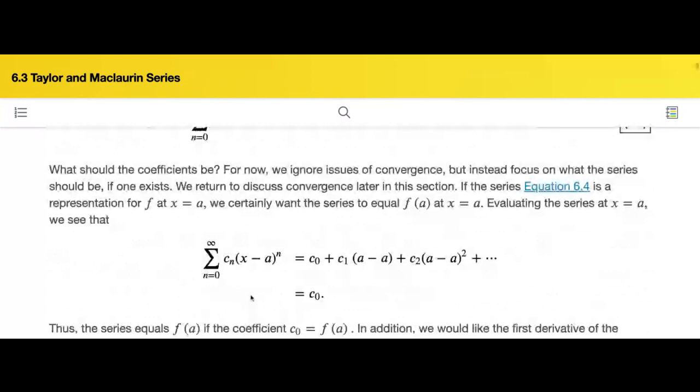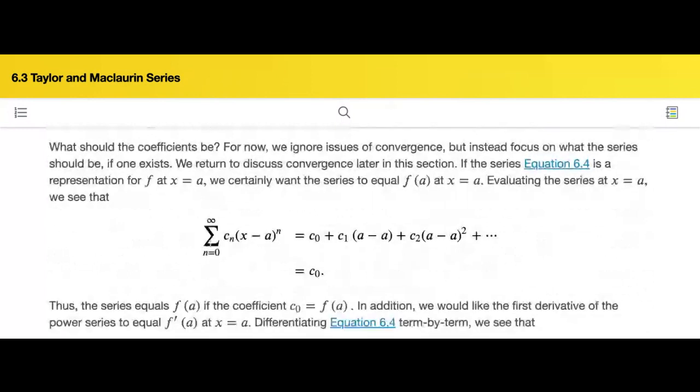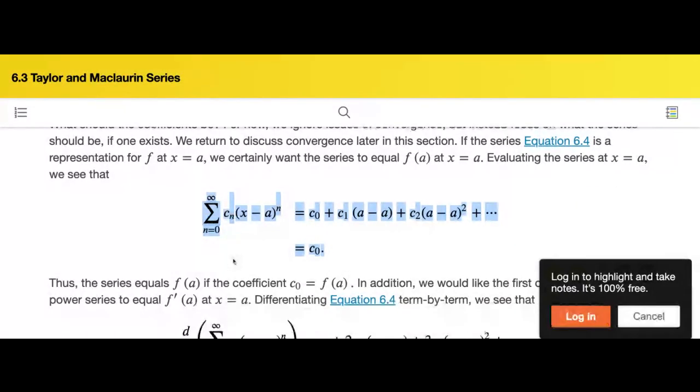Normally a power series is represented as the sum of Cn times (x minus a) raised to n. And this Cn can be represented with derivatives of the function at a.